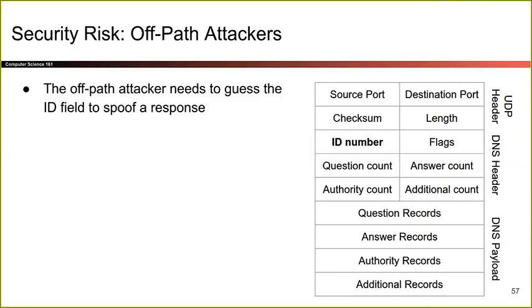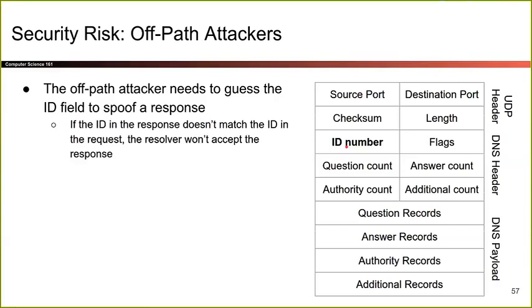If someone makes a request with ID number 20, and you as an off-path attacker spoof a response with ID number 50, the recipient's going to be like, wait a minute, this is not what I asked for. I made a request of 20 and you're giving me 50, that doesn't make sense. So it's not going to accept it unless it has the right ID number. The off-path attacker has to guess this value correctly, and if they don't, their response will be rejected.